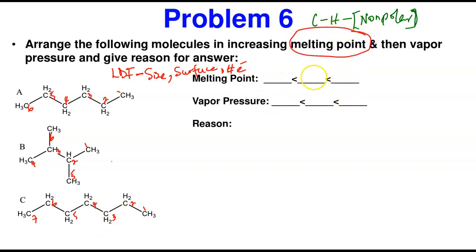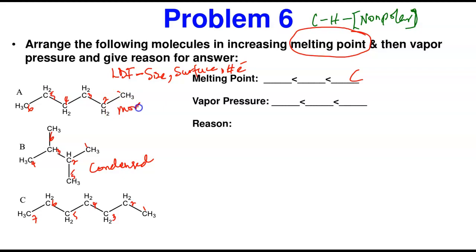We'll go to the melting point. I arranged this from lowest to highest. So the highest melting point is going to be C. Now, between these two, we cannot use the molecular weight or the size, because they have the same thing, 6 and 6. What is going to come into place? Let's look at the surface area. If you look at this, this is longer and occupies more space, but this one is condensed. This molecule is more condensed than this one, so this is more open.